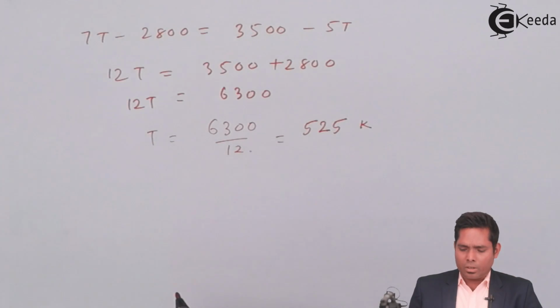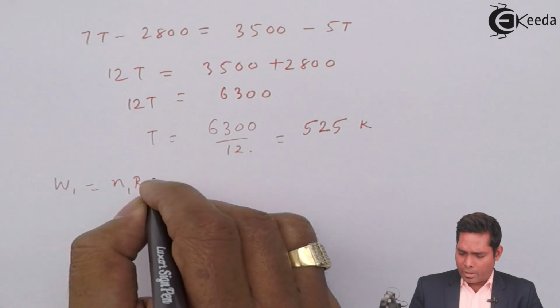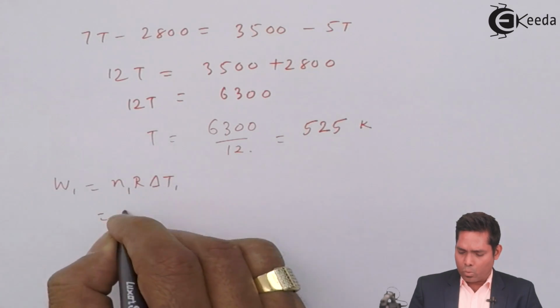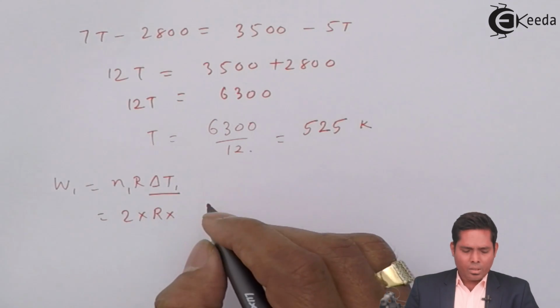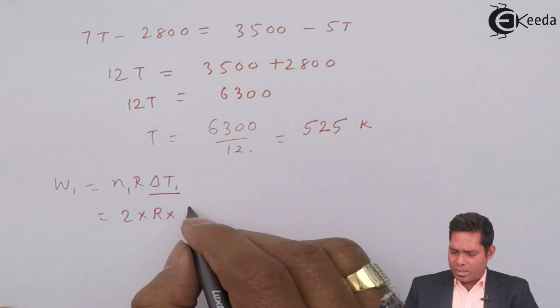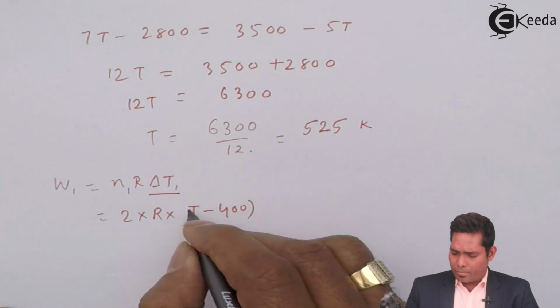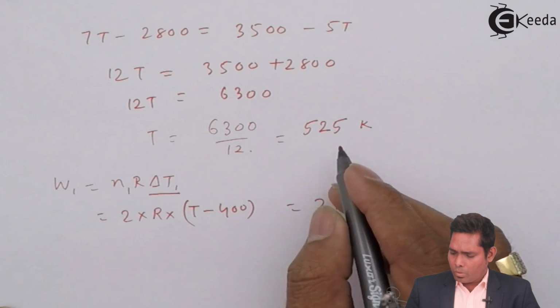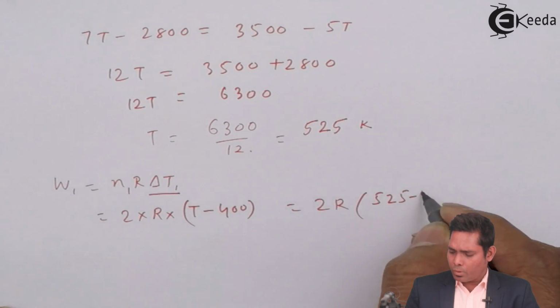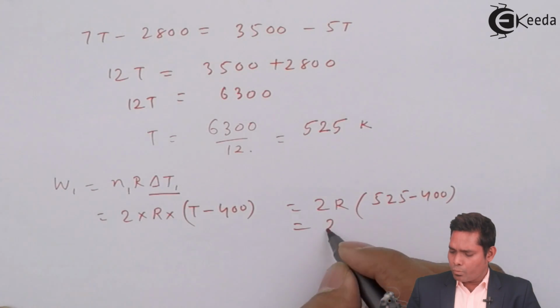If I want to find the work done in both cases, the first one is N1 R delta T1. I will write 2 into R into delta T1. Delta T1 in the first case is T minus 400, that will be 2R into 525 minus 400, so it is 125, which gives 250R.